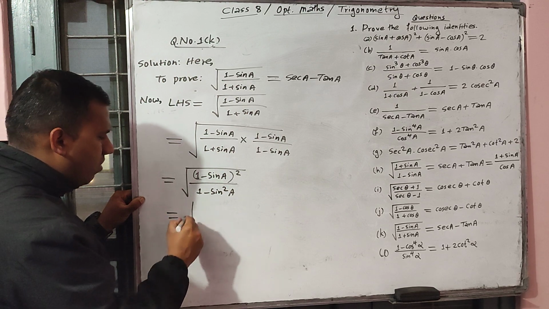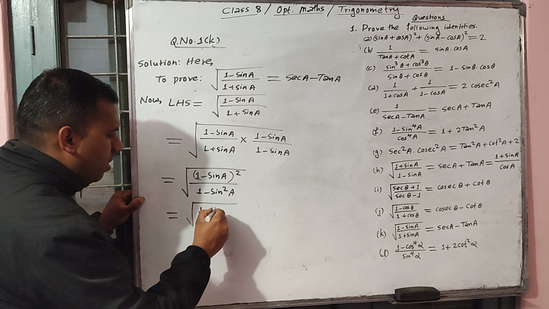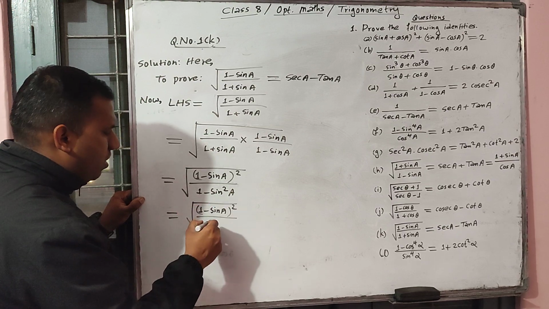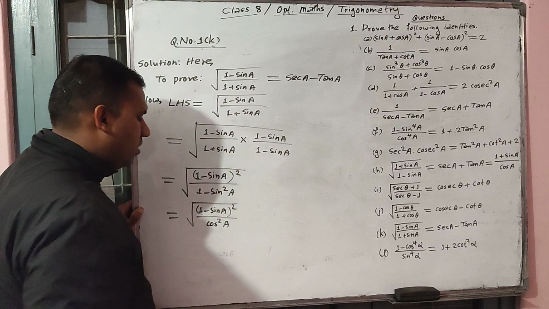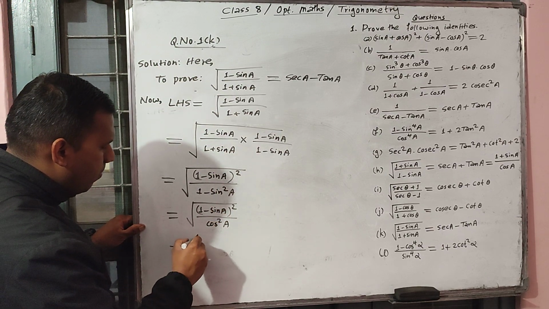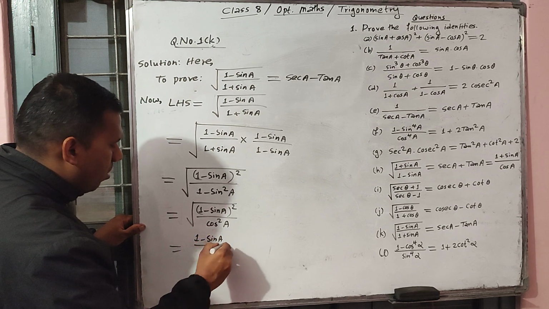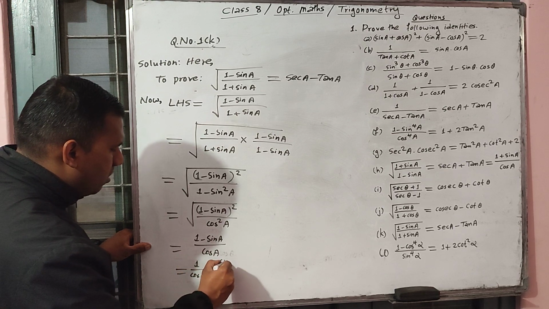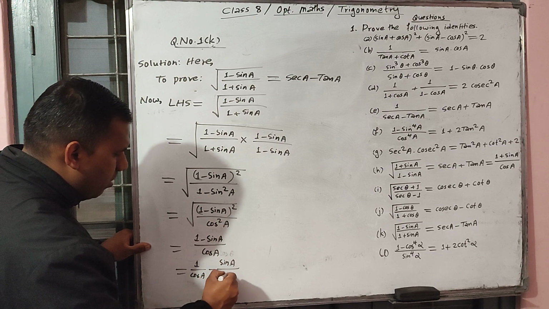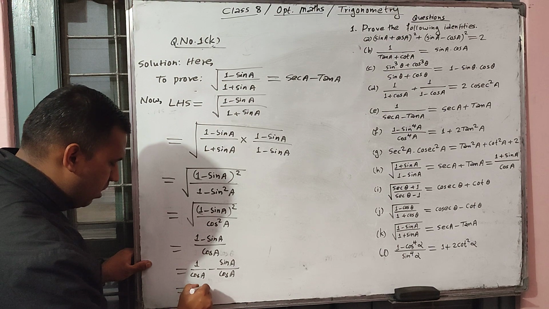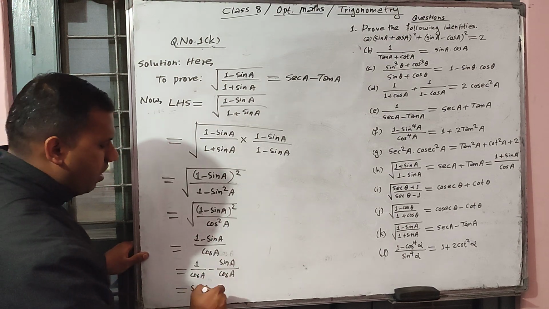This equals the square root of (1 minus sin A) whole square upon (1 minus sin square A), that is cos square A. So square and square root cancel each other, so (1 minus sin A) upon cos A. Now breaking it, we can write 1 upon cos A minus sin A upon cos A. So 1 upon cos A is sec A, minus sin by cos, that is tan.